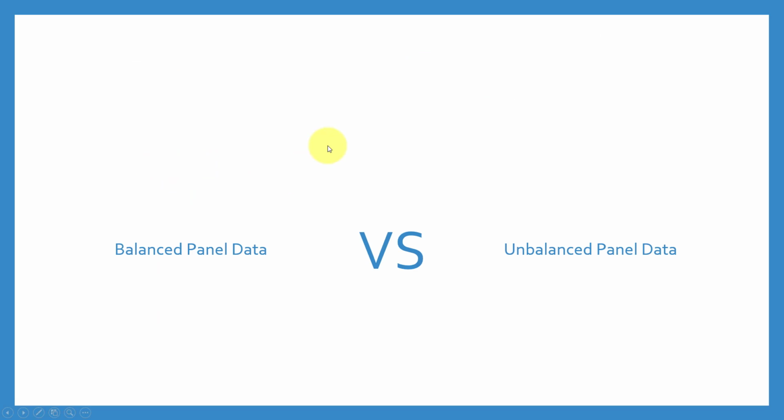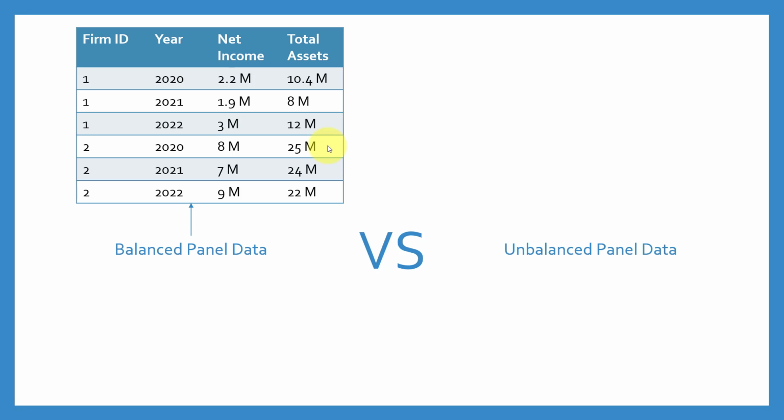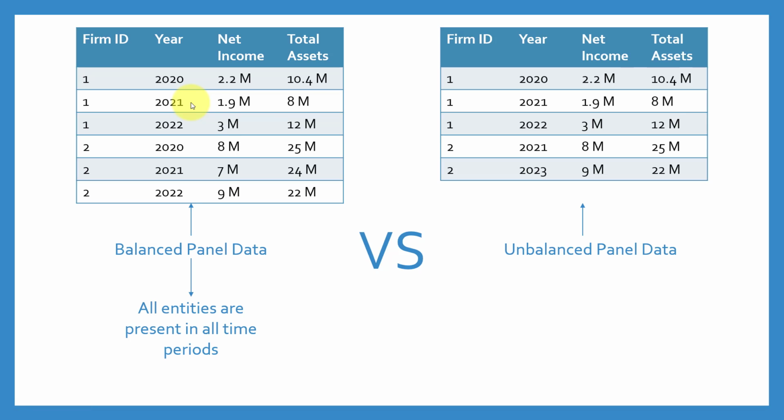Okay, so what is balanced panel and unbalanced panel? If we look over here, we have two firms, firm 1 and firm 2, and both of these firms have data for all the time periods. So when all the entities have data for all the time periods, we call that balanced panel data.